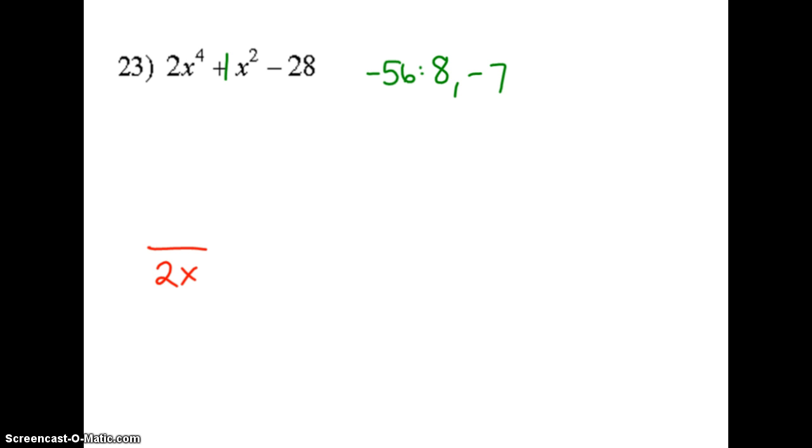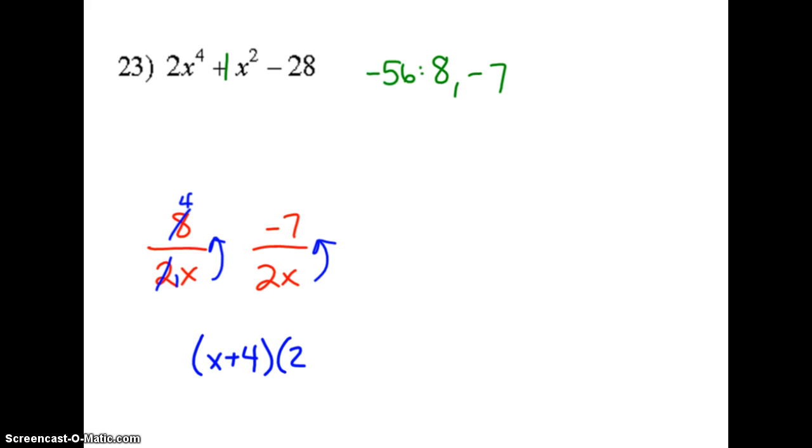So it's a 2x for both with an 8 and a negative 7 on top. I can simplify this. This will become 4 over 1. Negative 7 over 2 is not simplified. So now we begin by writing them bottoms up. x plus 4 and 2x minus 7 is the correct answer. Again, I need to make a correction here. It's squared. The reason is because it's to the fourth and to the second here.